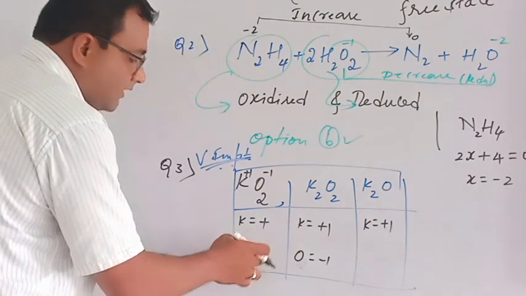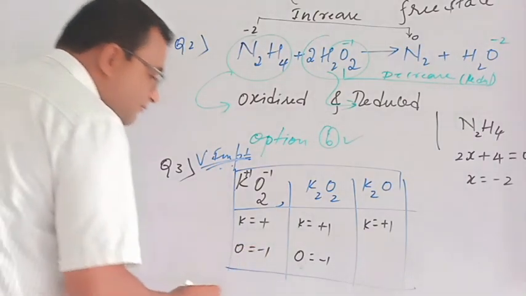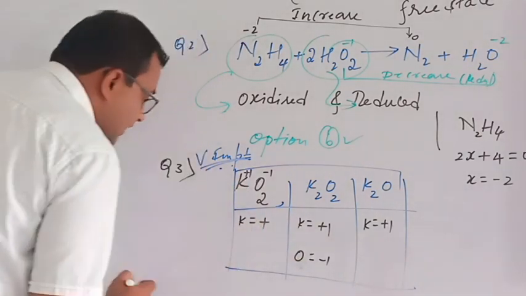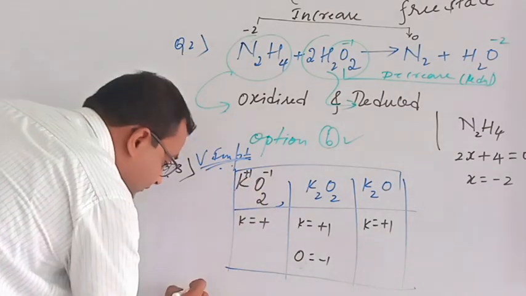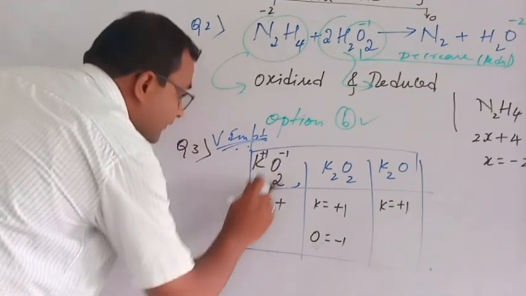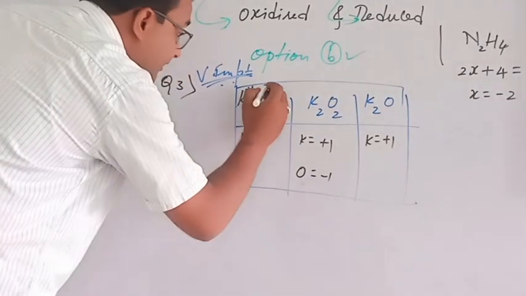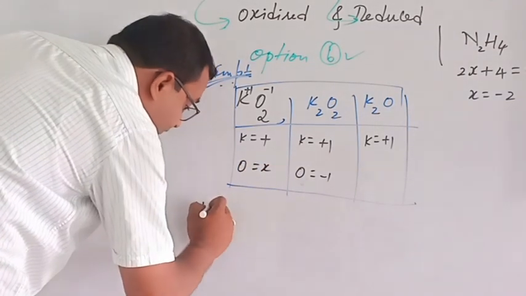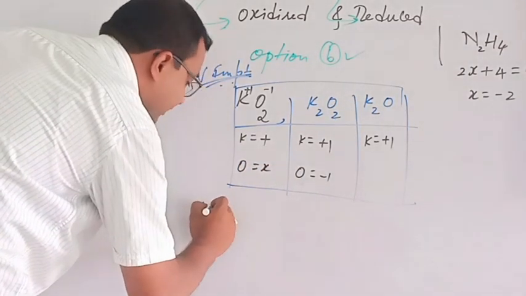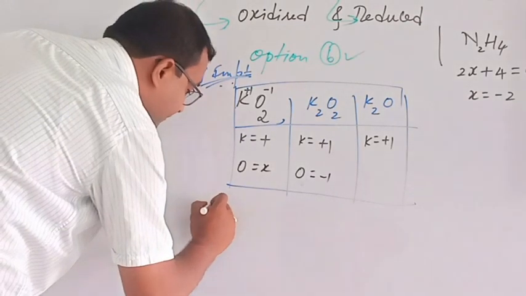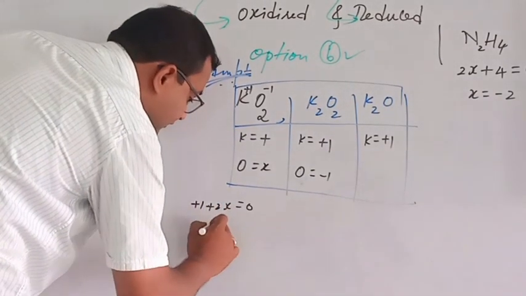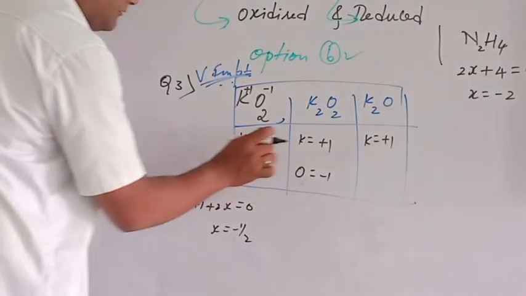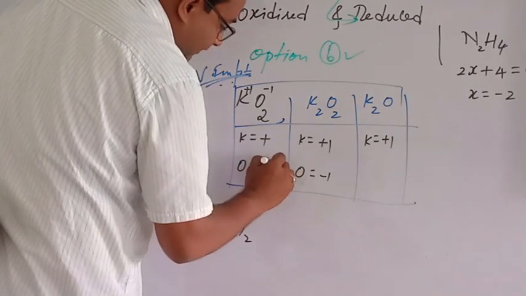It is not -1, it will be minus half. What is the charge of oxygen? The charge of potassium is +1, the charge of oxygen we don't know, let it be x. So we can calculate like this: charge +1 plus 2x is equal to 0. Then x is equal to -1 by 2, that is minus half.